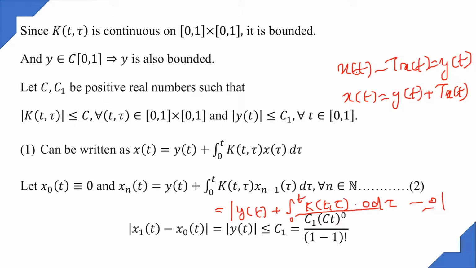This is also 0. So what remains is y(t), so the absolute value of y(t). And we know that the absolute value of y(t) is less than or equal to c1. I can write c1 as c1 times (ct) to the power 0 divided by 0 factorial, that means 1 minus 1 factorial.